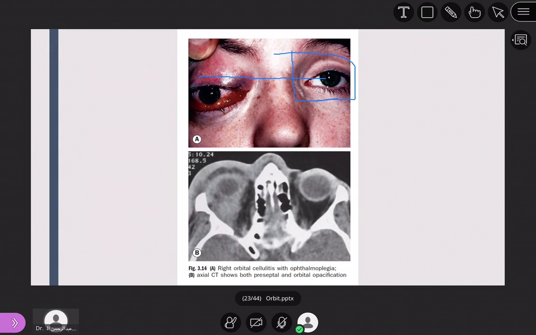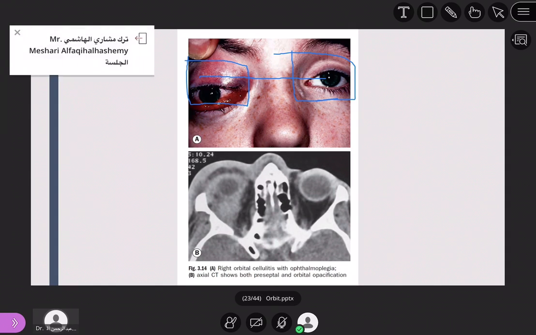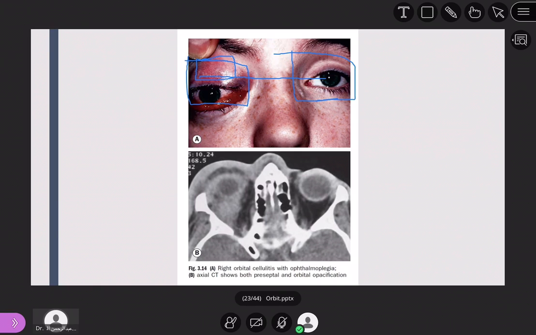So the right eye is proptotic, meaning it is pushed anterior and downward. So mainly the problem is here, because the eye is pushed down and anterior. If you remember, with preseptal cellulitis, the problem was anterior to the septum here.